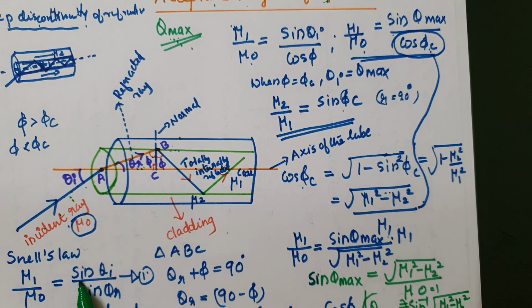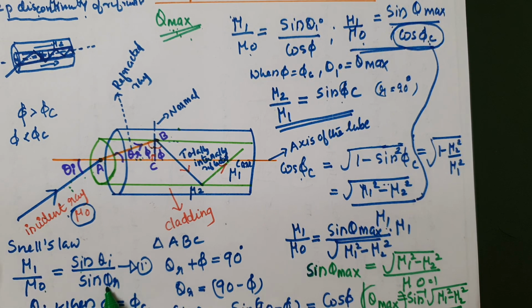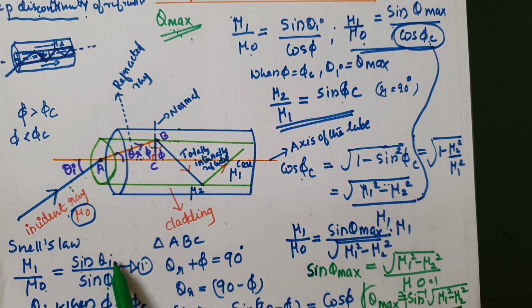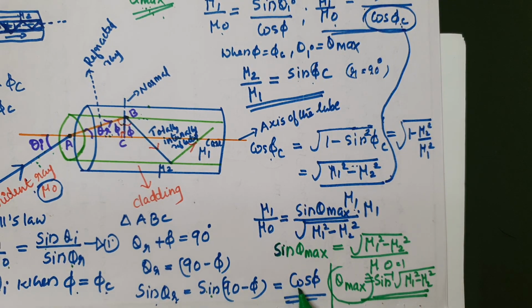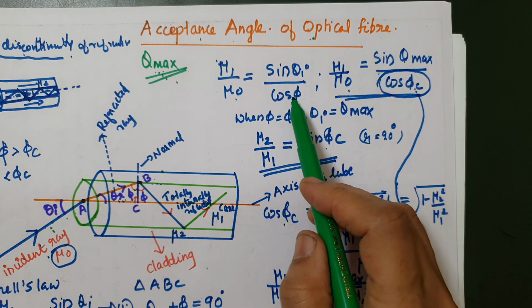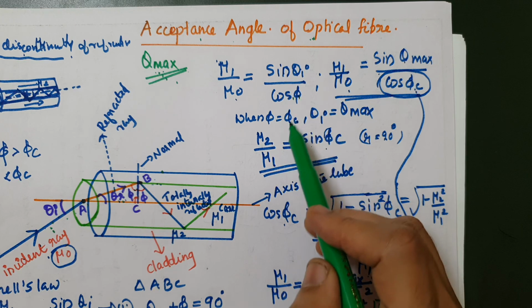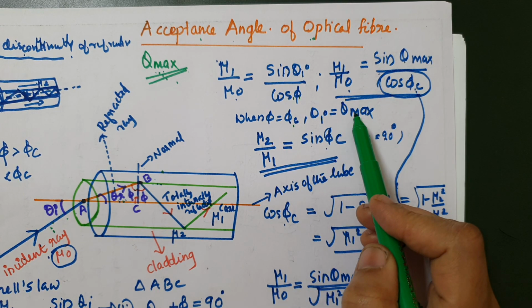From Snell's law, mu 1 by mu 0 is sin theta I by sin theta r. This sin theta r can be converted into terms of phi, that is cos phi. When phi equals the critical angle phi c, the angle of incidence will be maximum, theta maximum.